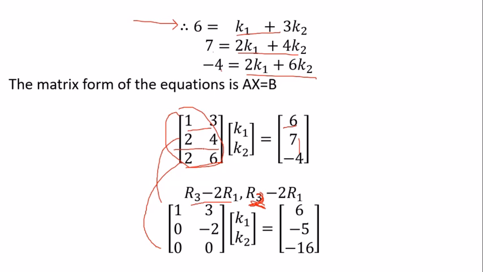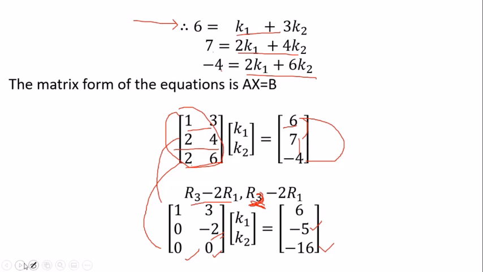The first row is the same, second is 2 minus 2 is 0, 4 minus 6 is minus 2 here, and here 2 minus 2 is 0, 6 minus 6 is 0, and right hand side 6. When you apply R2 minus 2R1, 7 minus 12 is minus 5 here. Similarly, R3 minus 2R1, minus 4 minus 12, minus 16. So you got this equation.